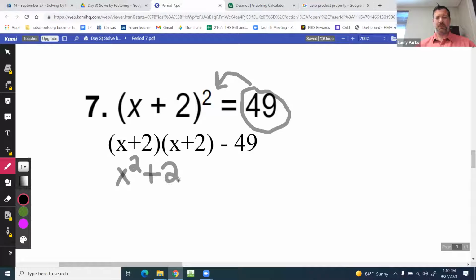And this is just called distributing. 2 times x, 2x. And then 2 times 2 is 4.